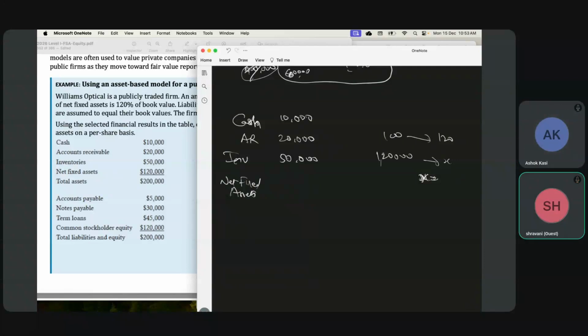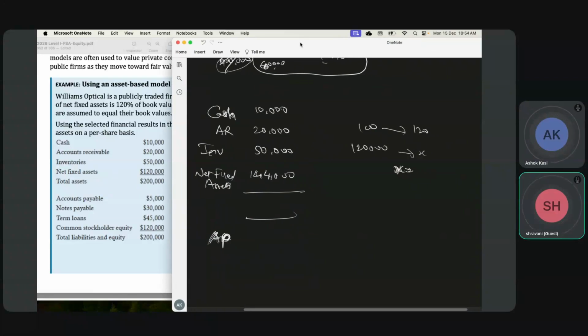One lakh 44,000. So all these are assets. Now you add up all this: two lakh 24,000.